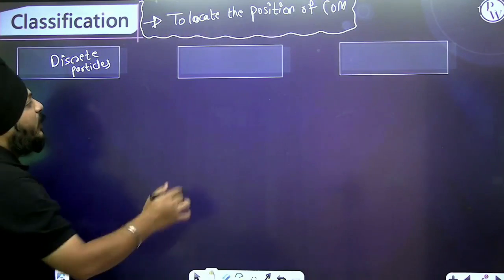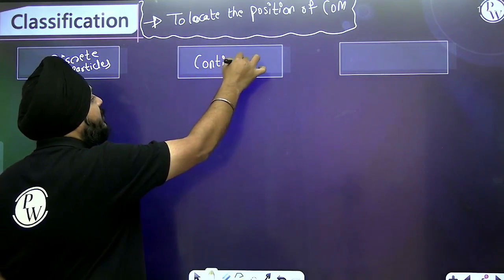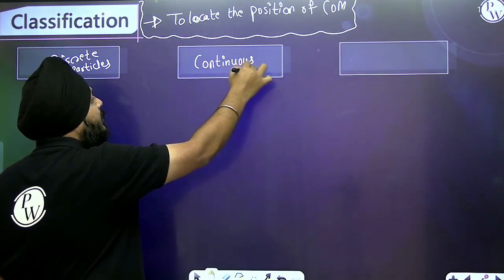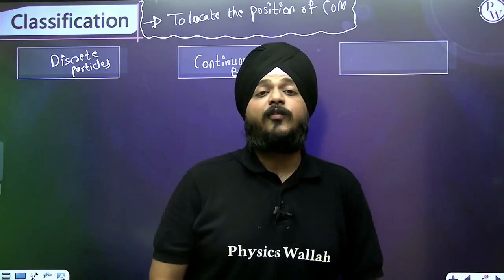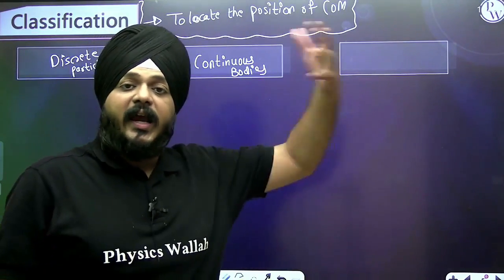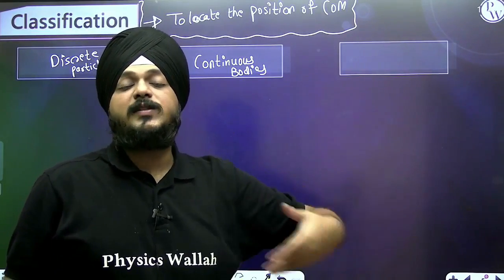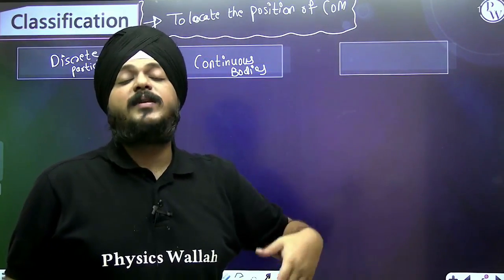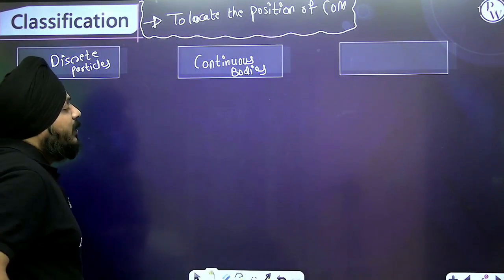We are going to see the center of mass for the continuous bodies, how to locate its position for continuous bodies like ring, semicircular ring, sphere, hemisphere, solid hemisphere, hollow hemisphere. This kind of thing we are going to see.